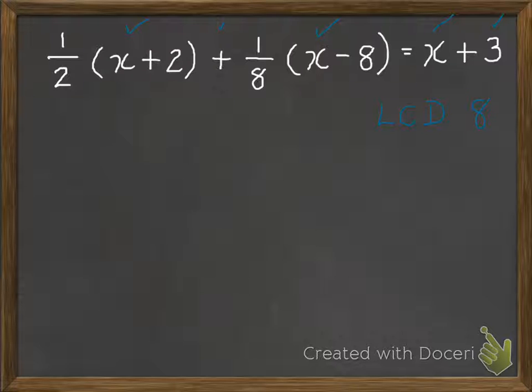Now, using this method for clearing fractions, we multiply each term by that lowest common denominator.